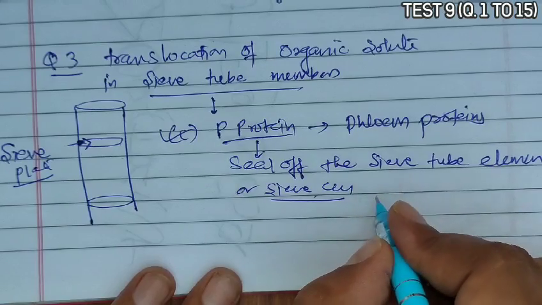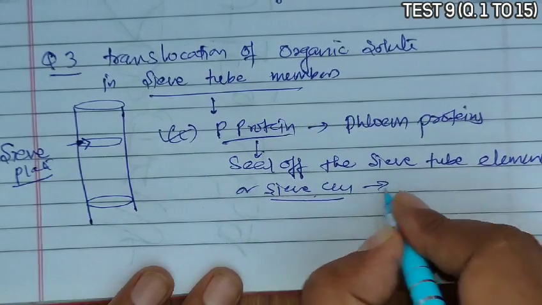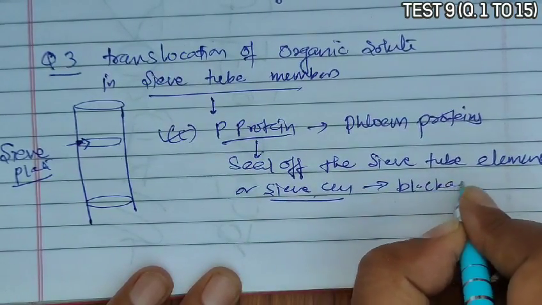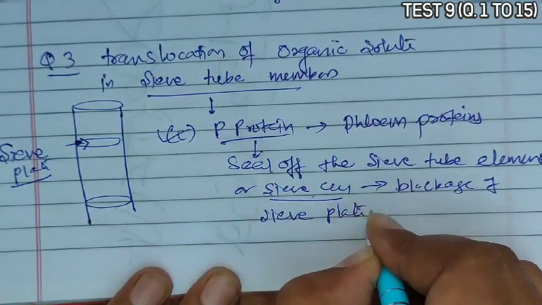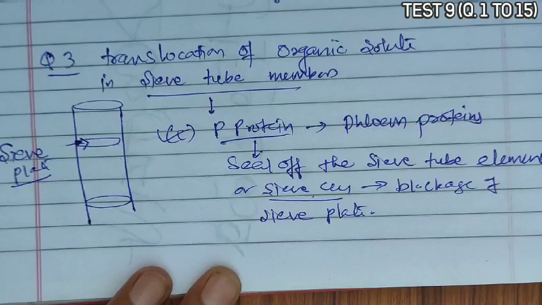So it brings about the blockage of the sieve plate. These bodies perform this function when the sieve element gets injured.